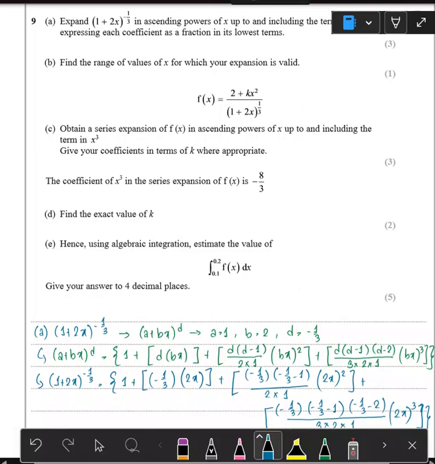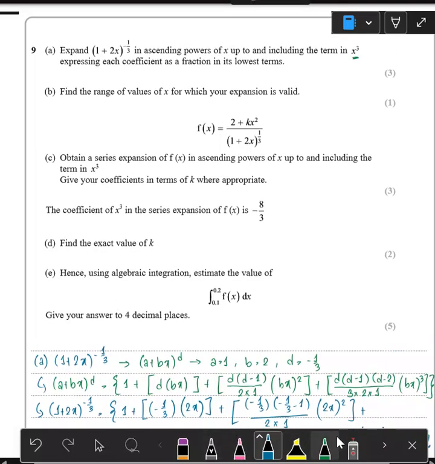Now for part C, we have been given fx. Fx is equal to 2 plus kx divided by 1 plus 2x to the power 1 by 3. Obtain an expansion of fx in ascending powers of x up to and including the term in x cube. So we have to expand till we get x cube. Give your coefficients in terms of k where appropriate.